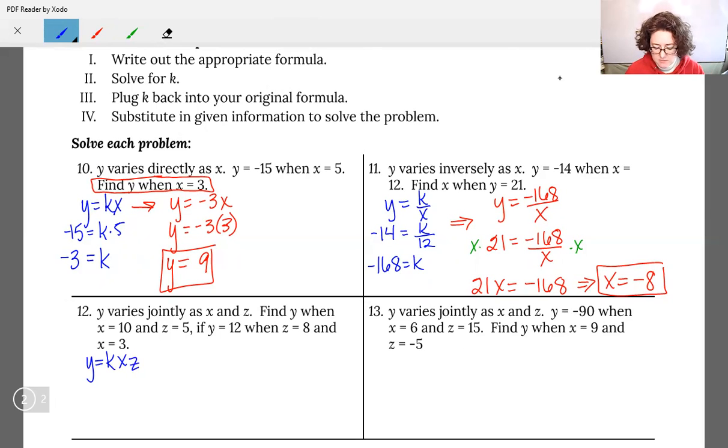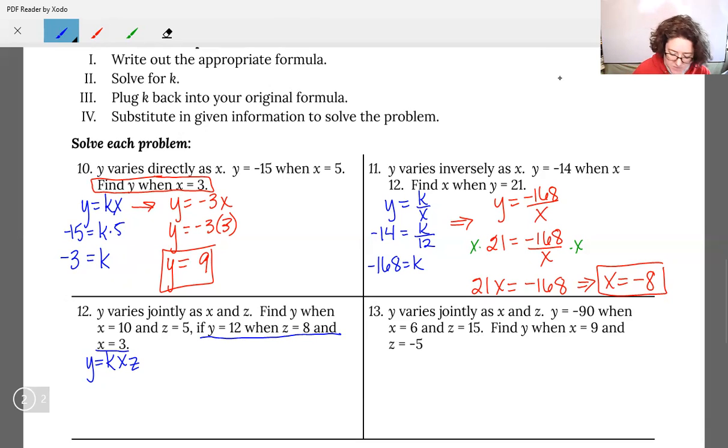So same scenario, plug in what you know, solve for the k, and then resolve for that last variable that they mentioned. So first sentence says, ooh, this one's twisted around a little bit. Find y when x equals 10 and z equals 5 if y equals 12 when z equals 8 and x equals 3. So they gave us the info in the second sentence.